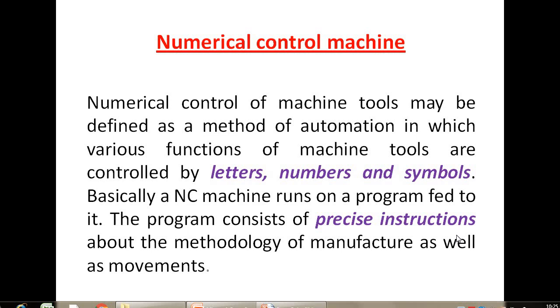In any numerically controlled machine, the prime importance is programming. In case of programming, you have to use different letters, numbers and symbols to execute the manufacturing process. So NC machine generally uses a program as an input.